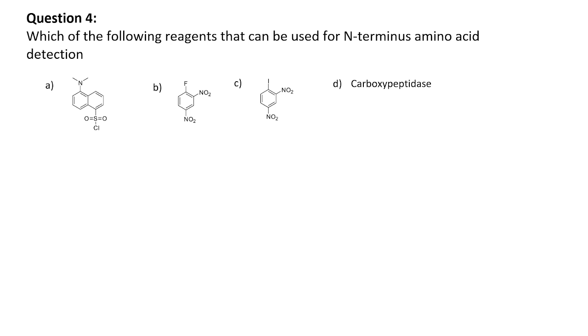Earlier detection methods were used: first, reagents are used to detect the N-terminus, followed by hydrolysis, and then separation will tell you this is the N-terminus amino acid. So this was the question on detection of amino acids by conventional methods.